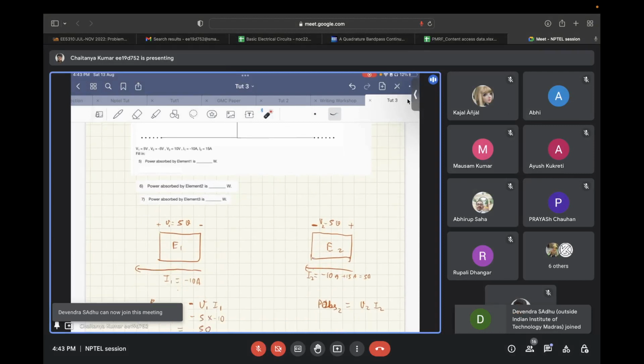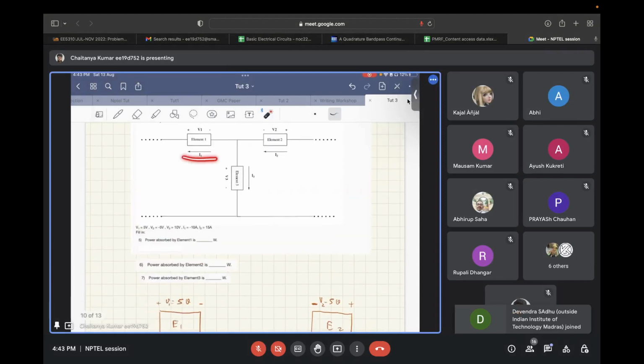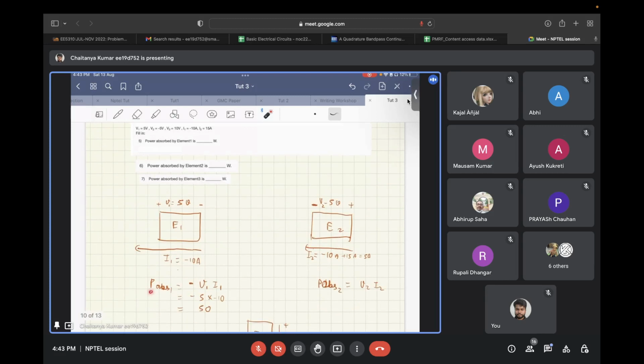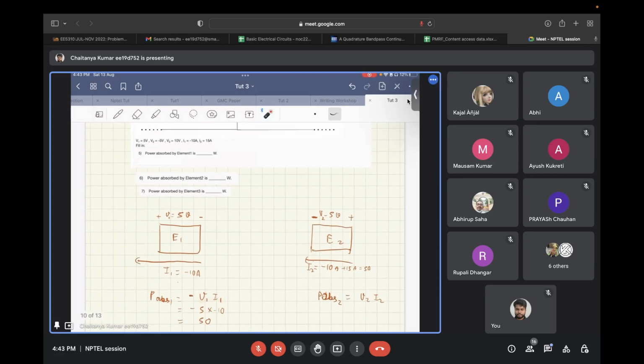In the first case, the voltage developed is given as V1, and the current is going out of the positive terminal of V1, that is I1. So the power absorbed will be minus of V1 times I1, and V1 is given as 5 volts, and I1 is given as minus 10 amperes. So the power absorbed is minus of 5 times minus 10, that is 50 watts.